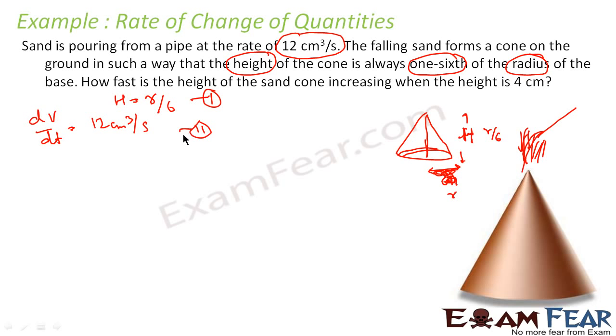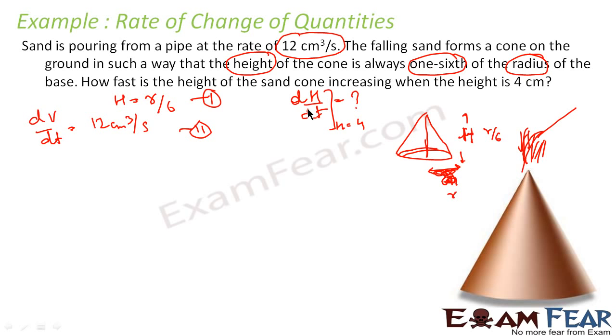Two equations I have. Now what do I have to find? How fast the height of the sand cone is increasing, that is dh by dt, because we are looking for change of height with respect to time, and this happens at h equal to 4.